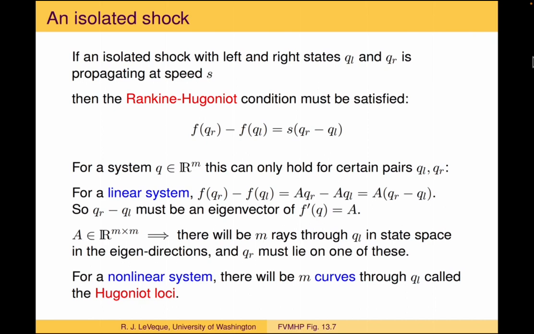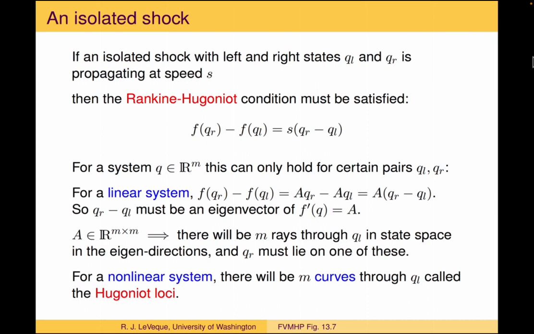Now for nonlinear systems, we'll see that something similar happens in phase space, except that through each point we'll have m curves that won't simply be straight lines because of the nonlinearity. As you change q, the characteristic speeds, the lambdas, change, and the eigenvectors also change, so you don't have a single eigenvalue and a single eigenvector that you can simply translate to any point in phase space.